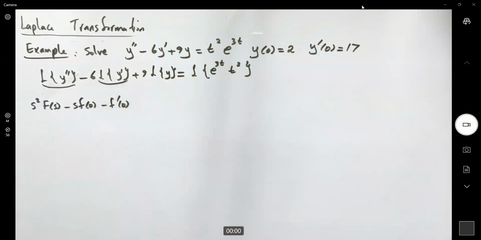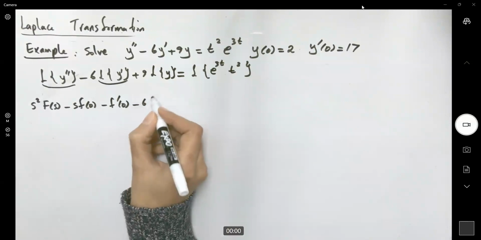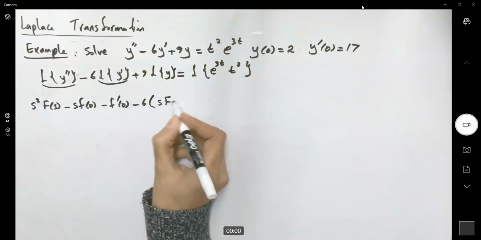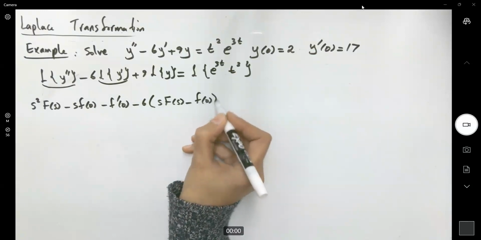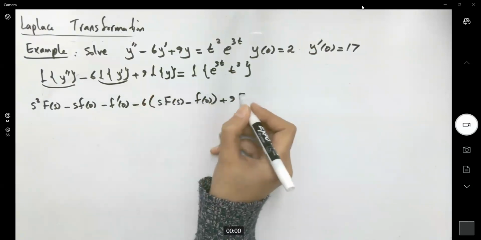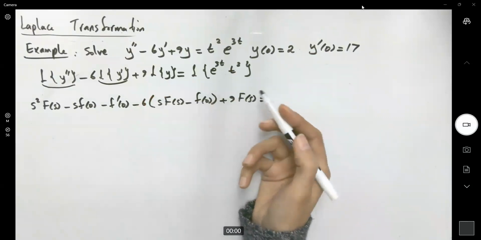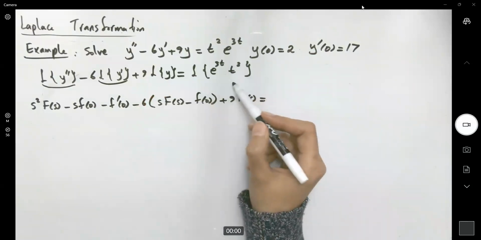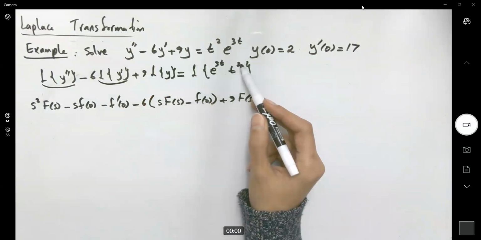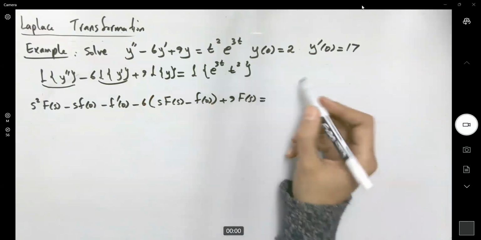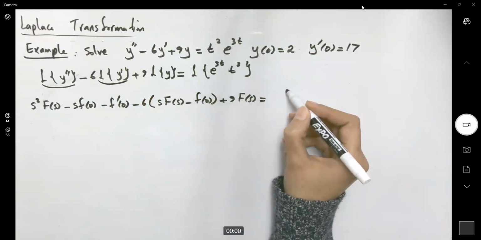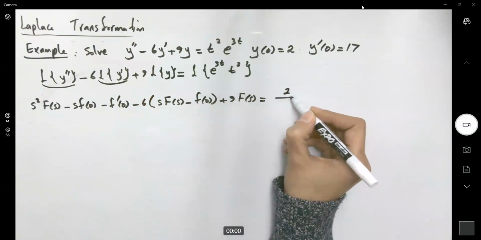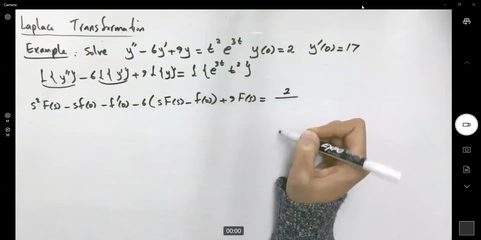And for the Laplace of y prime, we have negative 6 times, in parentheses, s F(s) minus f(0), plus 9 F(s), equals. First, the Laplace of t squared is 2 factorial, which is just 2, divided by s cubed.